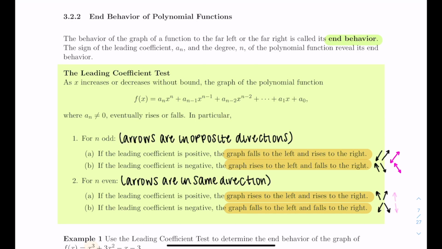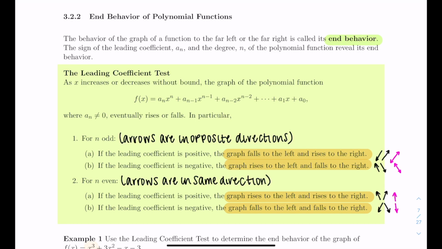It rises to the left and falls to the right. When n is even and they're going in the same direction, when it's positive, then the arrows are facing up. And when it's negative, the arrows are facing down. Those are just some hints to try to help you memorize what the end behavior looks like.